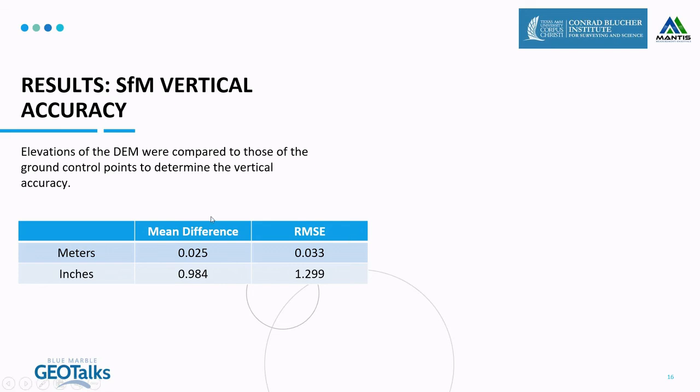And I want to point out here the mean difference for the UAS SfM DEM was 0.025 meters, less than an inch. And if you remember, the Lidar DEM said 0.196 meters. So this is extremely accurate and definitely suitable for the purposes of quantifying the impacts of this hurricane.